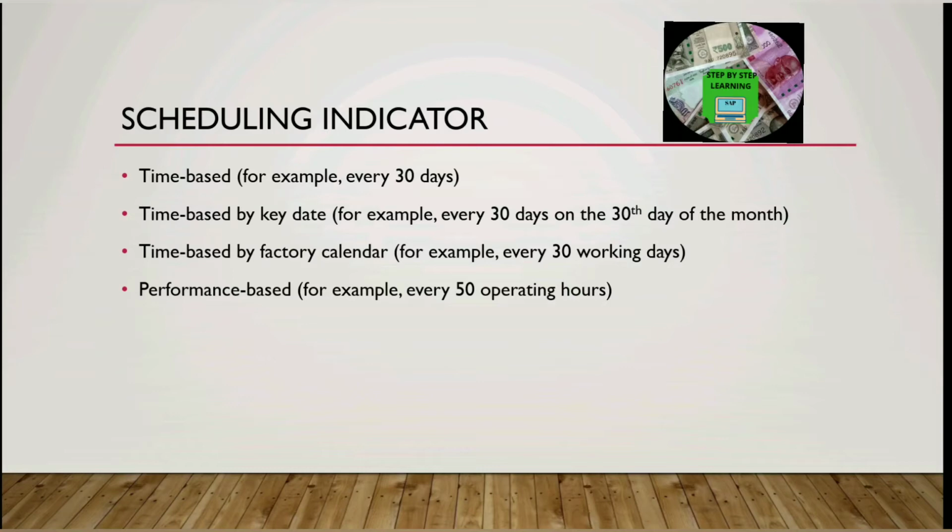The third one is time based by factory calendar. As I already told, the factory calendar takes into account only working days. Whatever we defined as industry working days are taken into account, and the remaining days are not. So every 30 working days, my cycle duration is 30 days, so it will take every 30 working days.